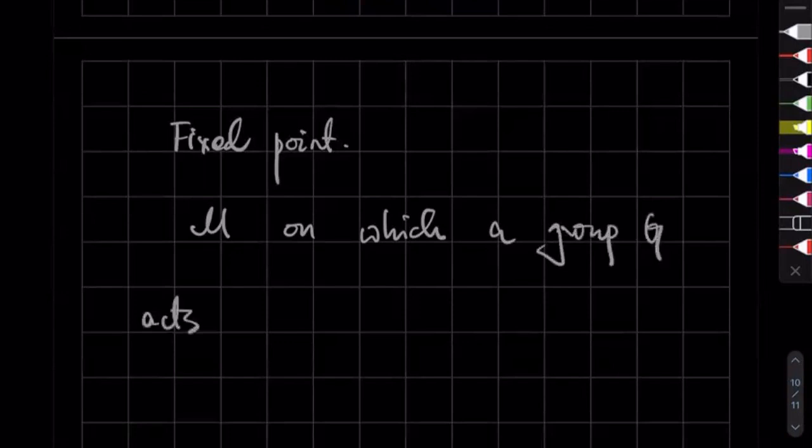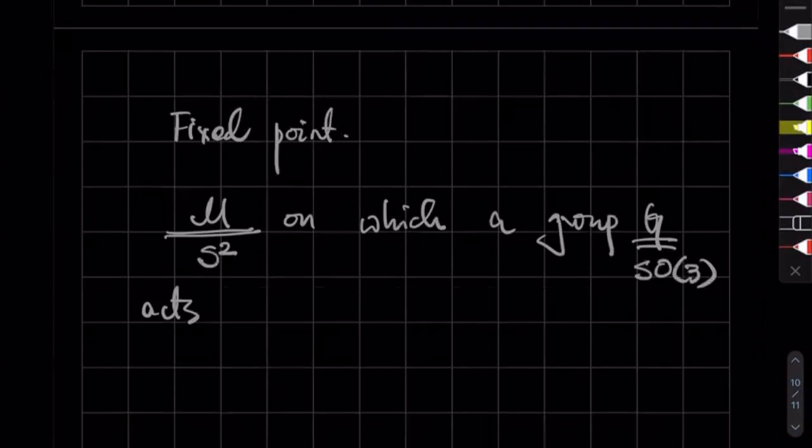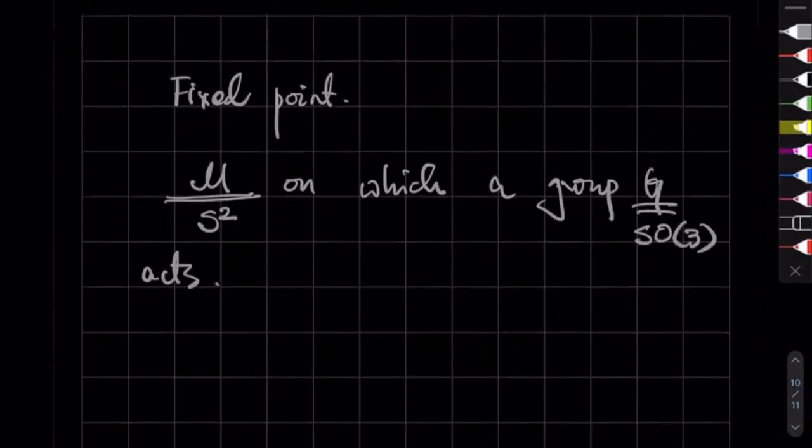If you want to think of some manifold, you can think of S2. If you want to think of some group, you can think of SO3 in your mind. But let's not go there yet, because we first want to define things in general. We'll come to an example.